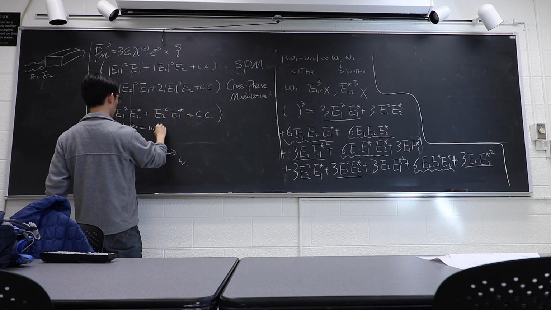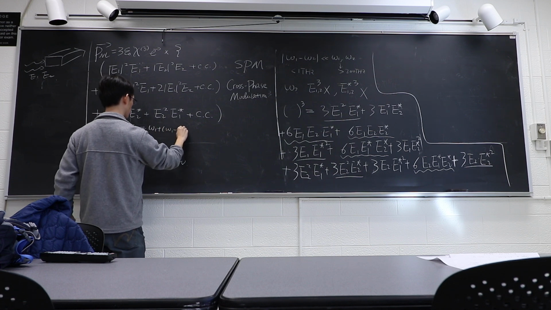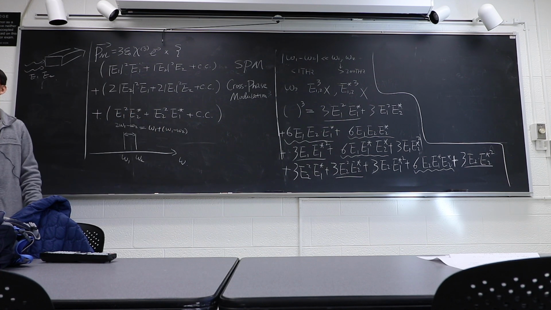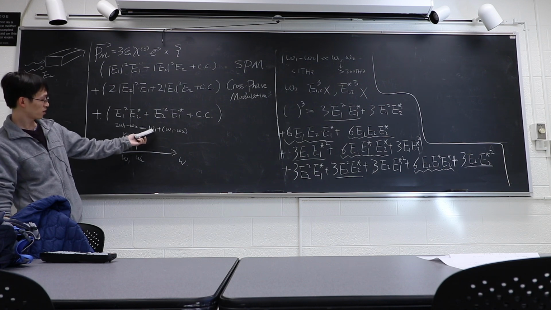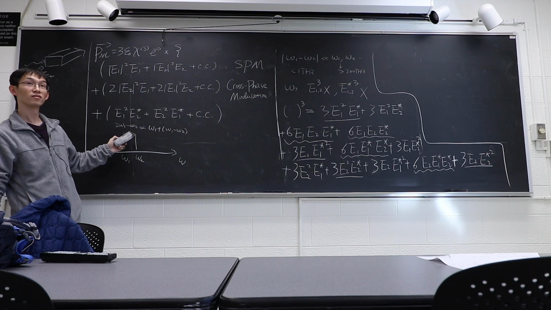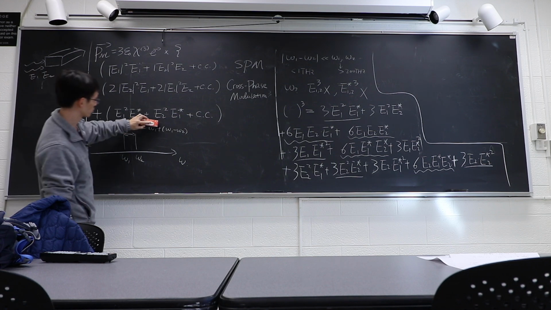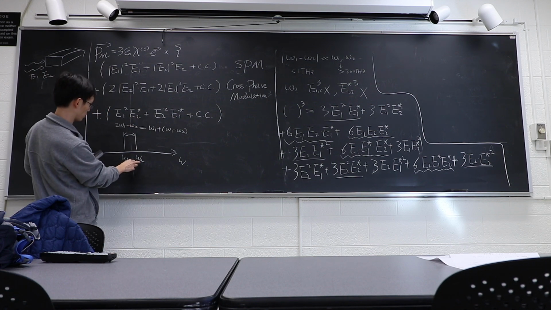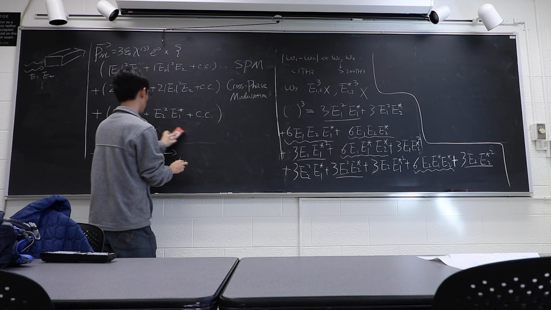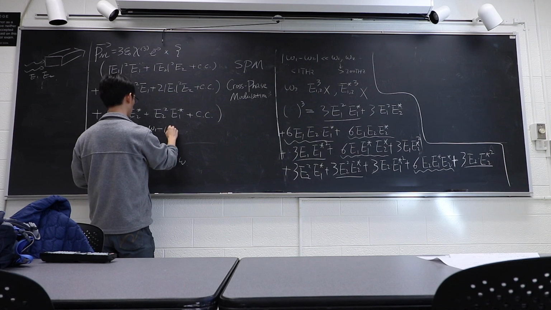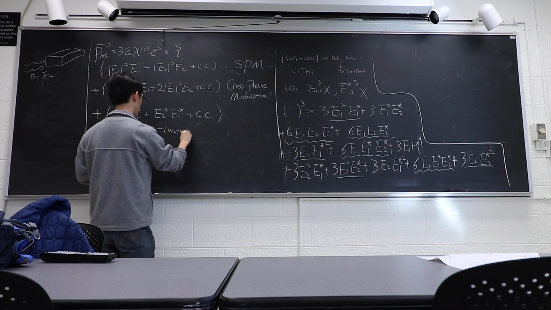Omega 1 plus omega 1 minus omega 2. Right? So you see it's omega 1 plus the difference between them. Or if you want to write it a little bit better, because right now we are saying omega 2 is larger than omega 1, so you can put it in this form: omega 1 minus omega 2 minus omega 1.